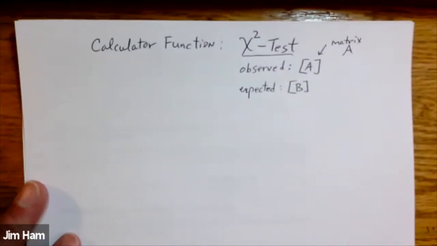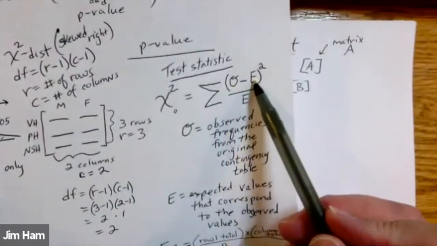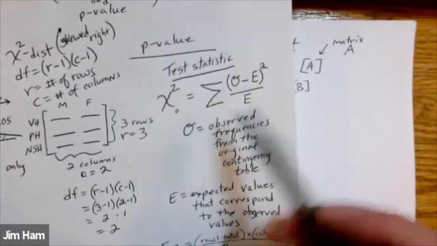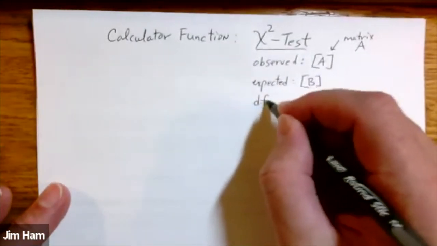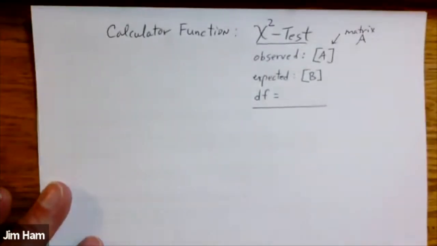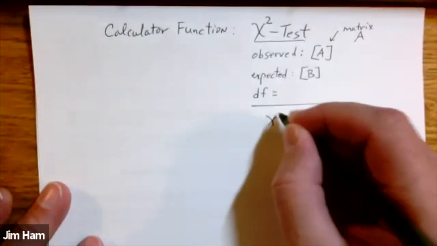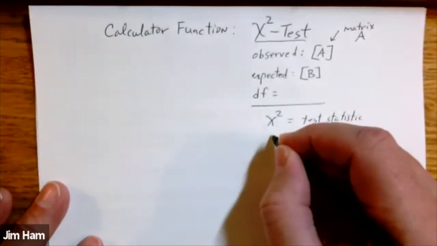If you look at this test statistic, that's what you need, all the observed values and all the expected values. Then it can calculate. And there's no sign in the alternative hypothesis. I think you might have to calculate the degrees of freedom, or it might just do it for you. You don't have to worry about it. And then it'll calculate the chi-squared test statistic, and it'll also calculate the p-value.